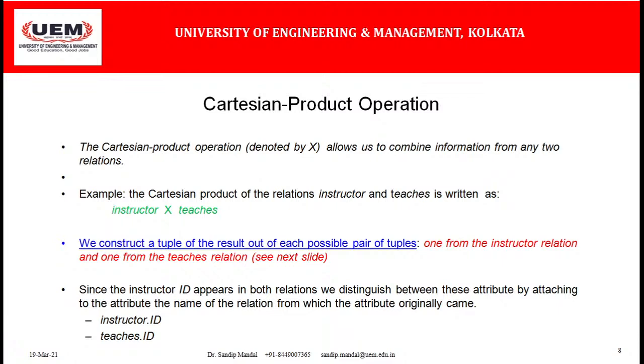To differentiate the two columns, because if we map them as they are, the newly generated table would have two columns with the same name, we take a concept: in the first table you may write the instructor ID column as instructor.id, and in the second table, the teachers table, the instructor ID is replaced by teachers.id. That is just for the assumption, no logical changes are there.